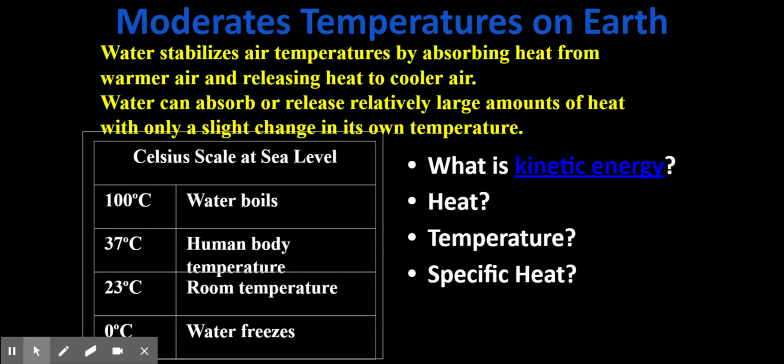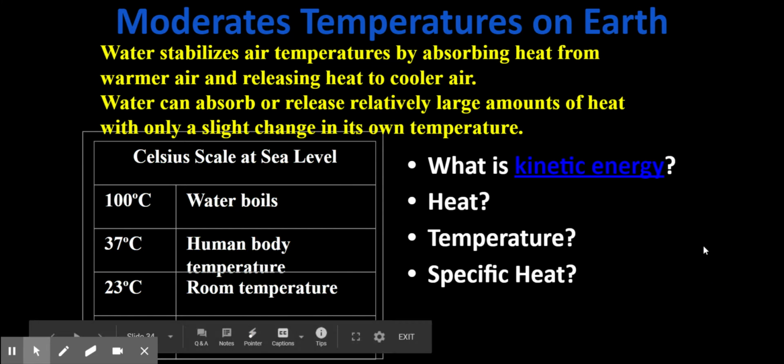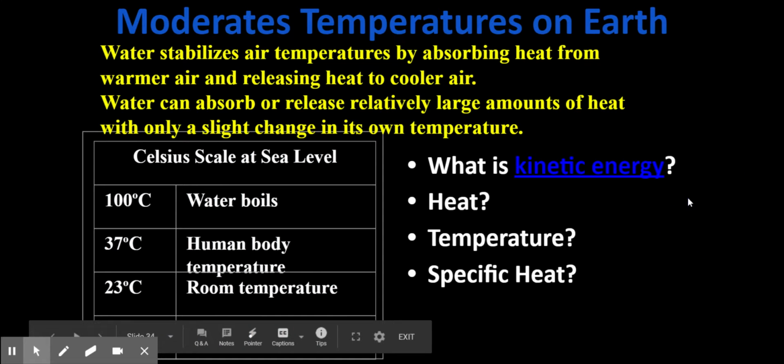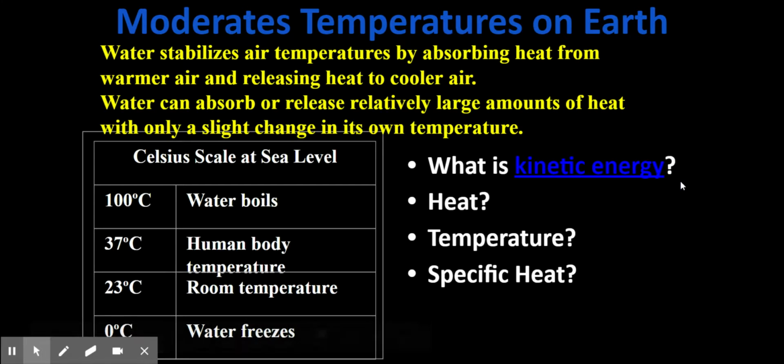So if you have a hot cup of coffee on a cold day, the little water molecules in your coffee are going to be moving around really fast, and they're going to be transferring some of that energy to the air above. Okay, and that's why you see the steam above the coffee, because some of the water is escaping, but it's also transferring its energy into the nitrogen and oxygen molecules that are above it.